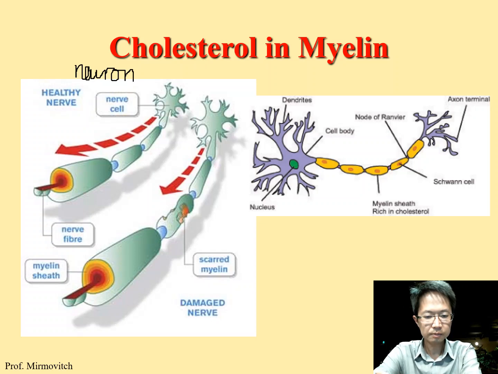Neurons have this structure. They have dendrites. Dendrites are like the tree branches. They receive signal from other neurons. It's really like the branch of a tree.